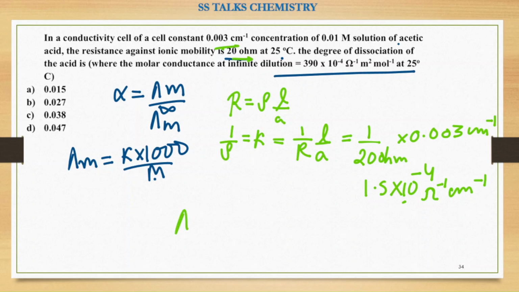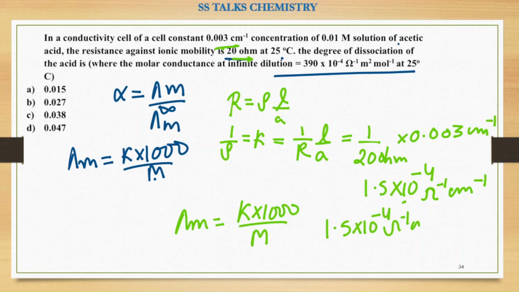Right. Now the lambda n is going to be kappa into 1000 upon the molarity. The kappa value is 1.5 into 10 raised to the power of minus 4 ohm inverse centimeter inverse, into 1000 upon the concentration, which is given to us as 0.01 molar.